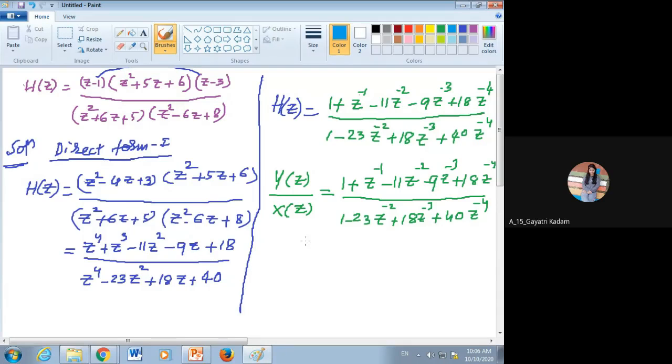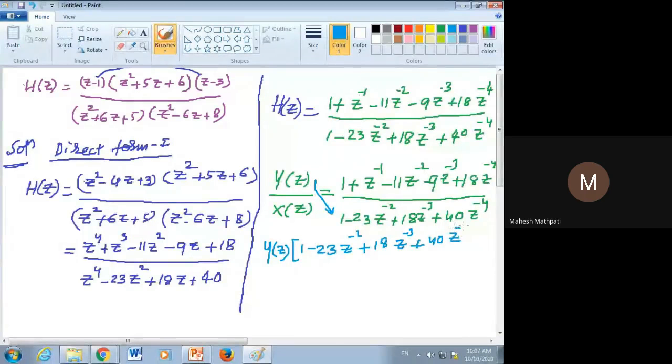No, sir. Now just take the cross multiplication. Cross multiplication अगर आप ले रहे हो तो क्या लिखेंगे यहाँ पे? Y of Z is multiplied with the numerator term, right? So 1 minus 23 Z power -2 plus 18 Z power -3 plus 40 Z power -4 is equals to, what we can write again?